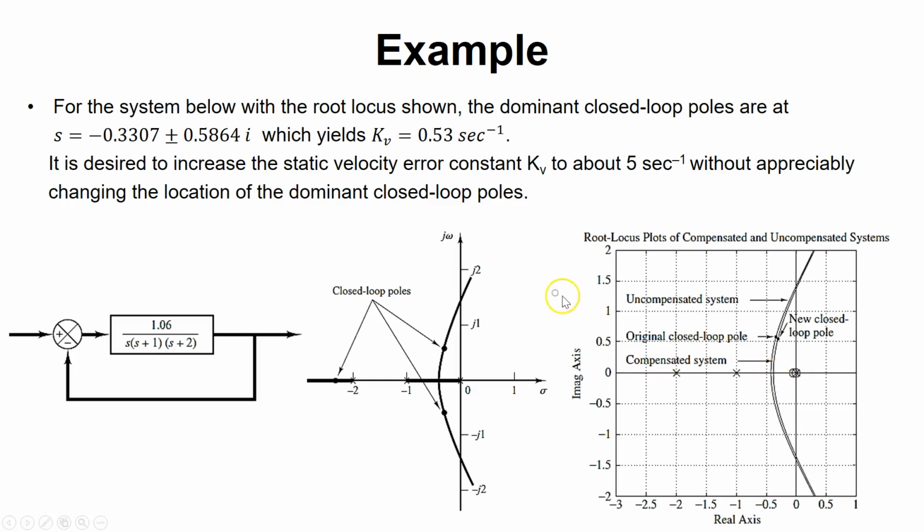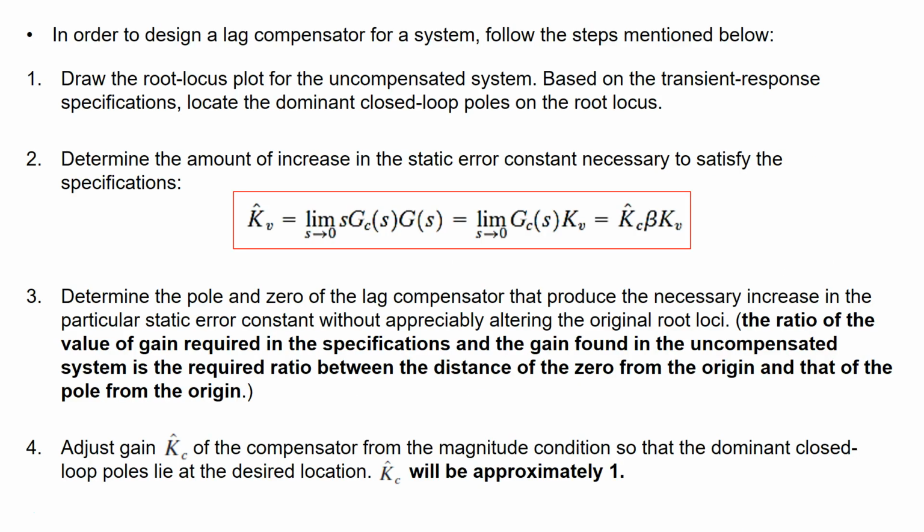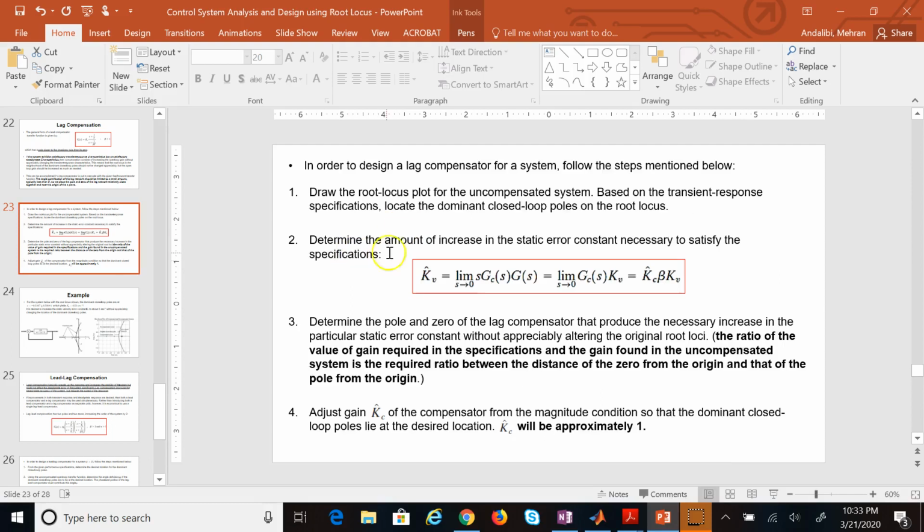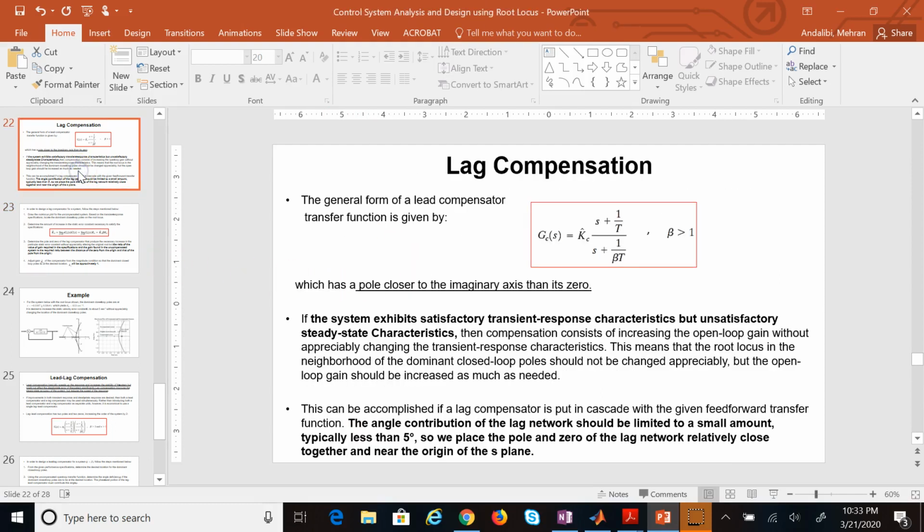These areas here are not really super important to the steady state. They are important for what? Transient response. But as s goes to 0, only this area, the shape of the root locus over there, is going to determine how much the steady state error is. Okay? So again, that comes from this limit of s goes to 0.